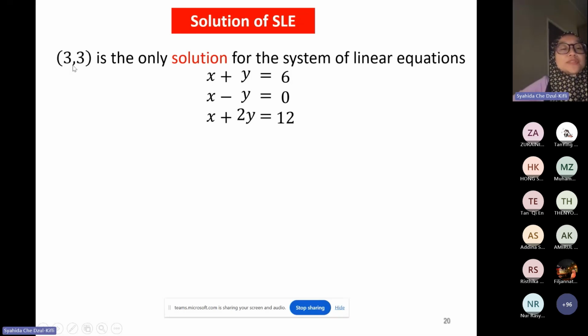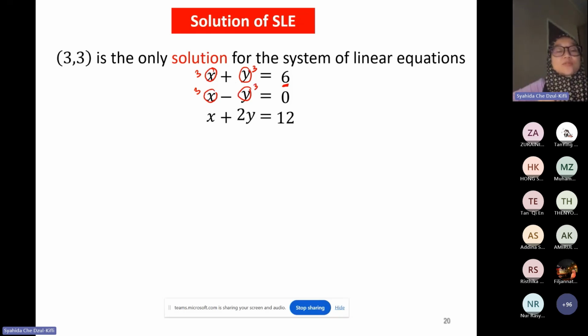Why is (3, 3) a solution for the system of linear equations? Because if we substitute x with 3 and y with 3, we are going to have 6. So (3, 3) satisfies the first linear equation. What about the second equation? We substitute x with 3, y with 3, we are going to have 0.